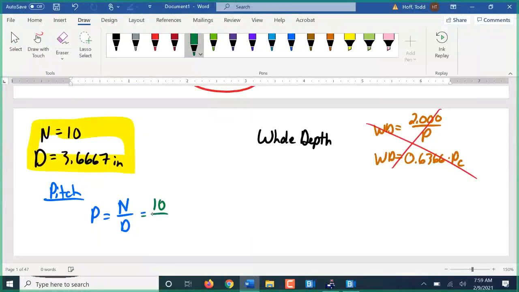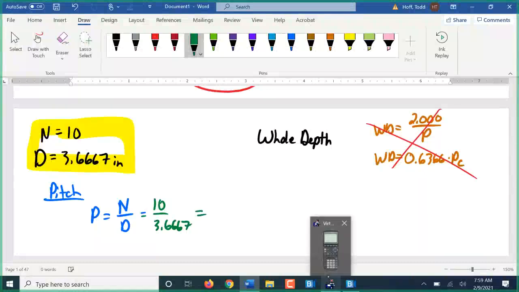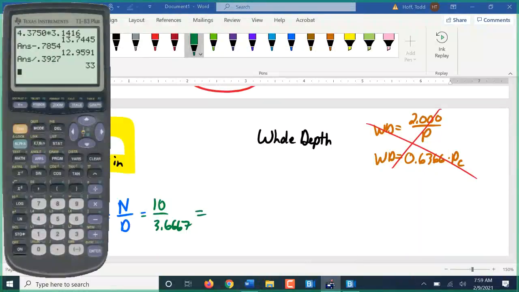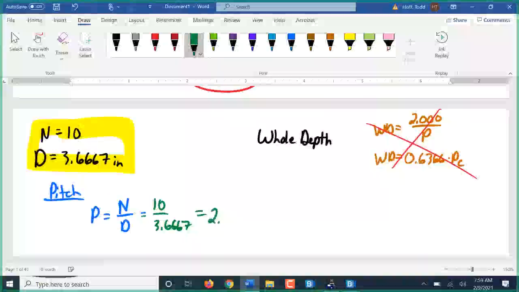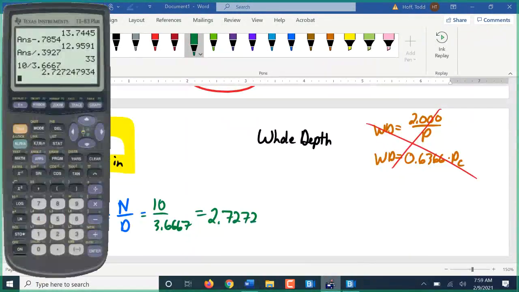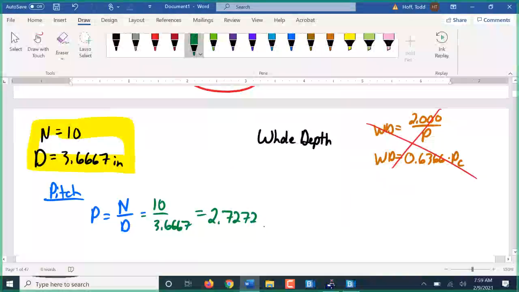So that's 10 divided by 3.6667. 10 divided by 3.6667 gives us 2.7272. That's rounded correctly. It is. That is the pitch.